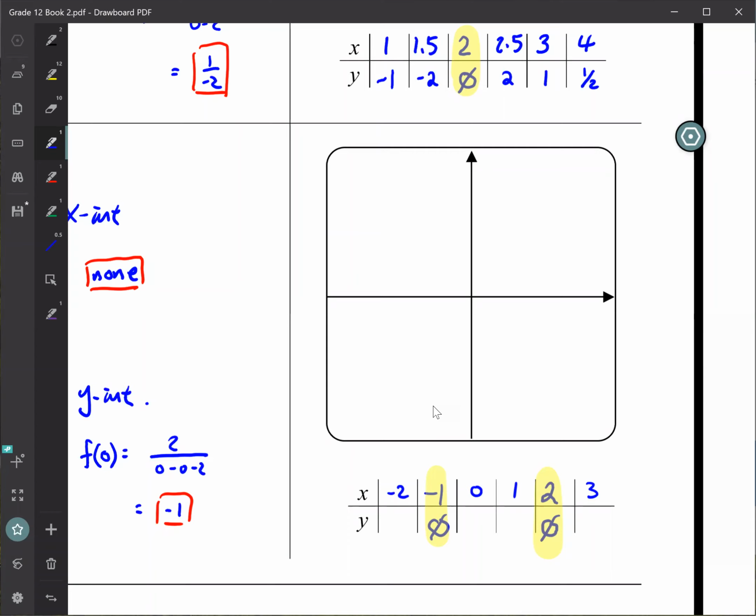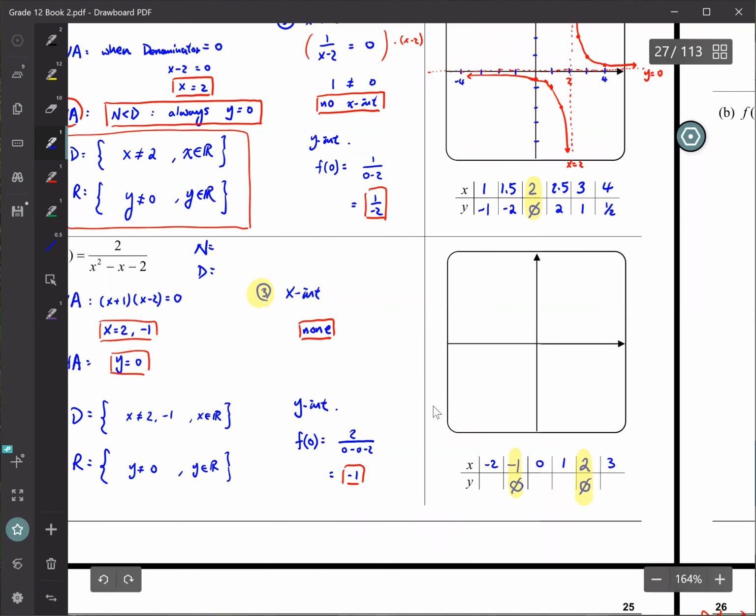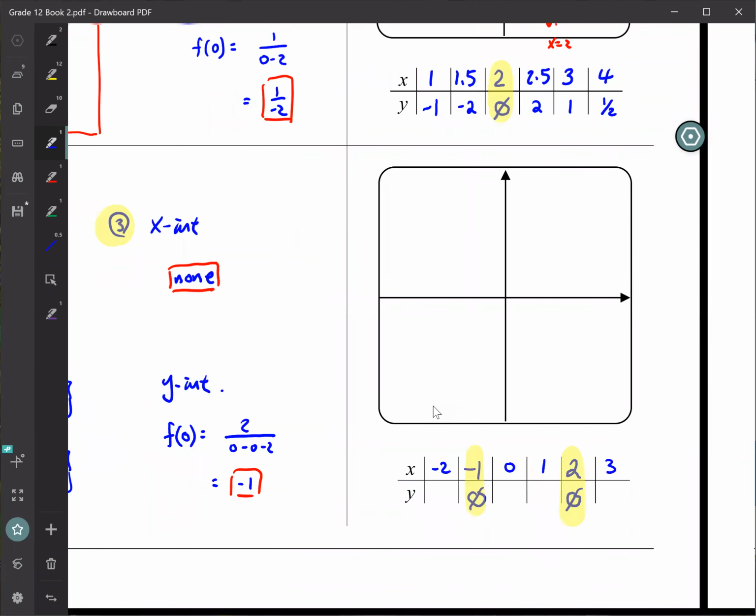I don't think you will get 3 asymptotes, okay? For grade 12, the maximum number of vertical asymptotes is just 2. Okay, so please find the values again by yourself. And then I'll let you also try the graph by yourself as well, all right?